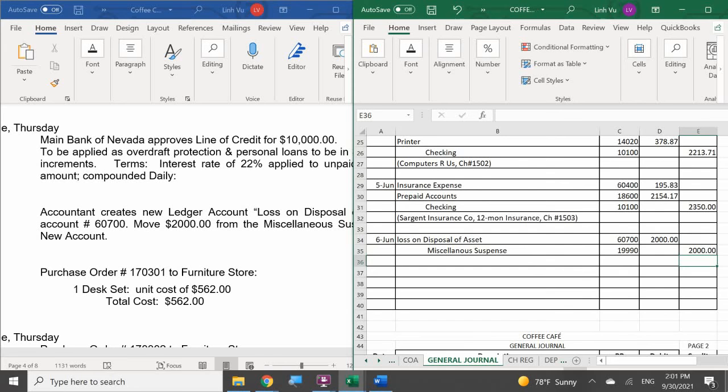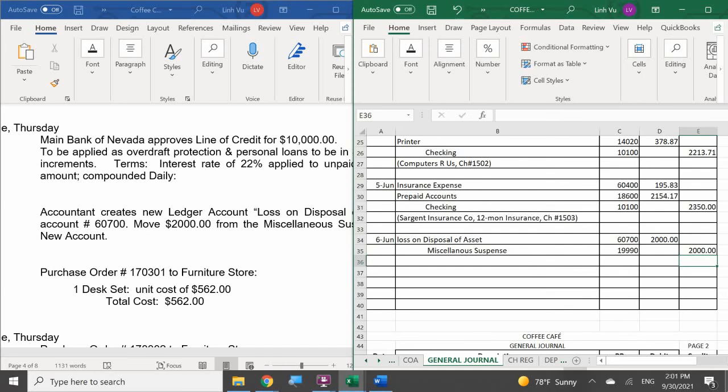In this case, I don't know where to categorize it. Miscellaneous could mean anything. Suspense is kind of like if you throw something in the air and you don't know where it's going to land, it's suspended, right? So that's what this is, miscellaneous suspense. I'm throwing money and I don't know where to put it. That's what this account is.